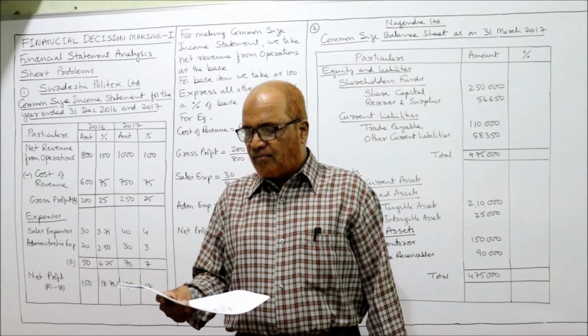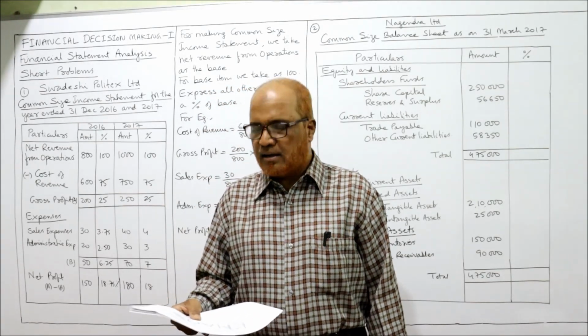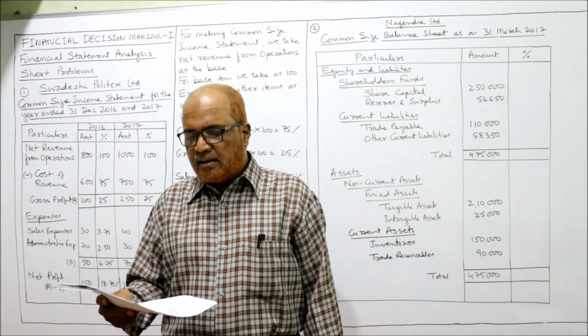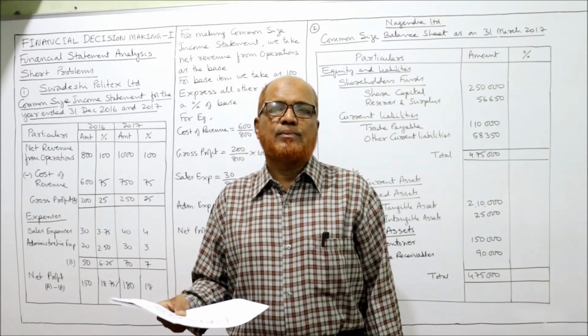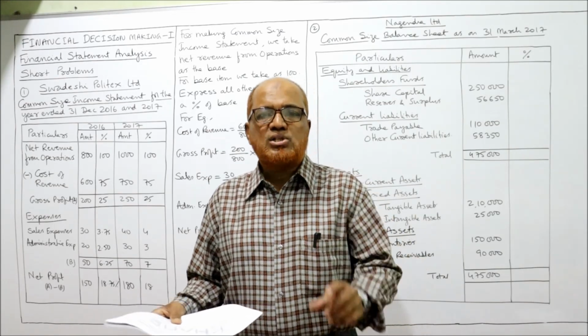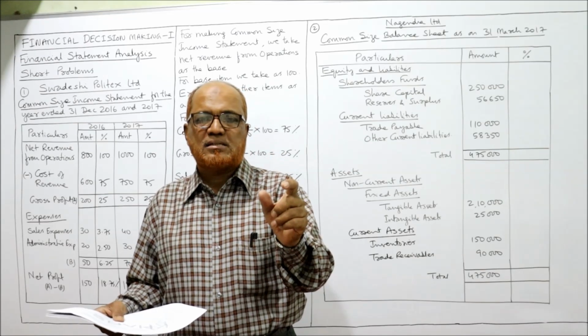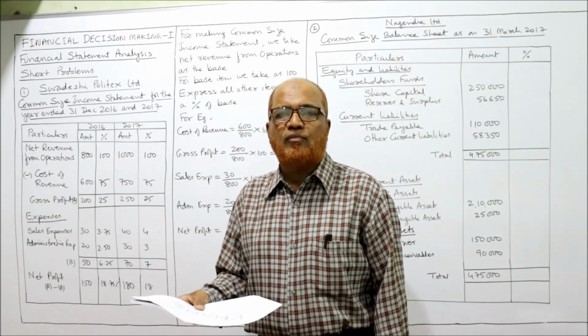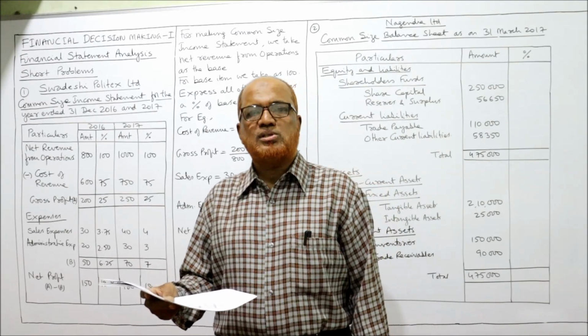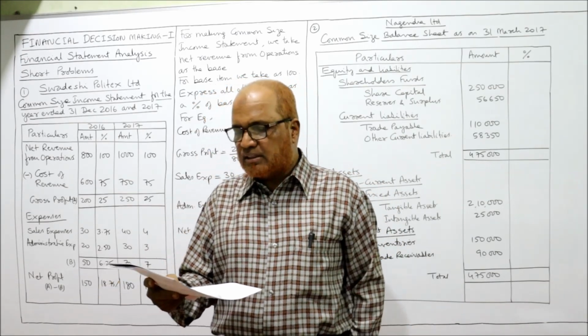Here data is given for last year 2016 and current year 2017, in rupees in thousands. Net revenue from operations. These are the proceeds generated from sale. So instead of calling it sales, we call it net revenue from operations. Last year 2016 is 800, 2017 is 1000.